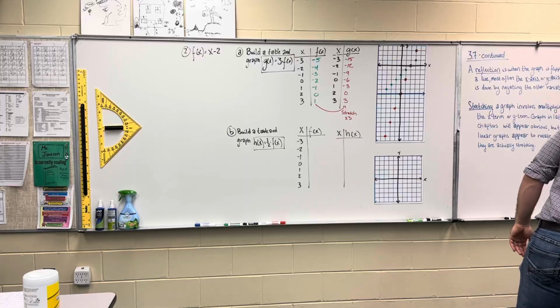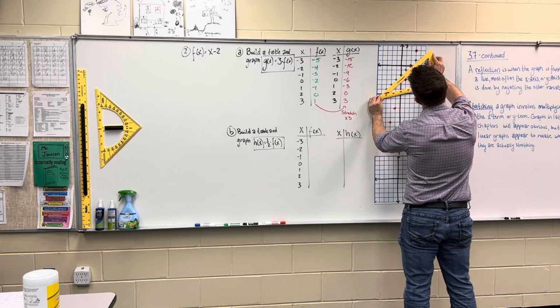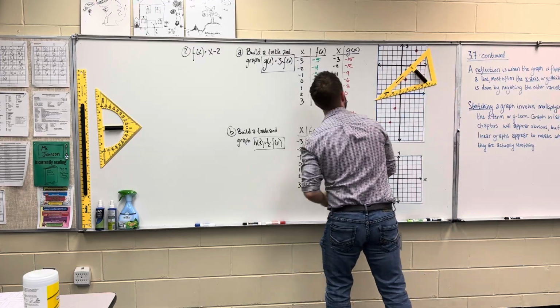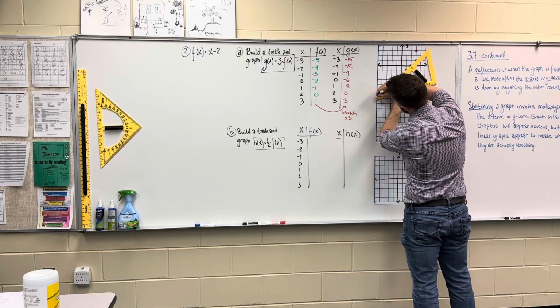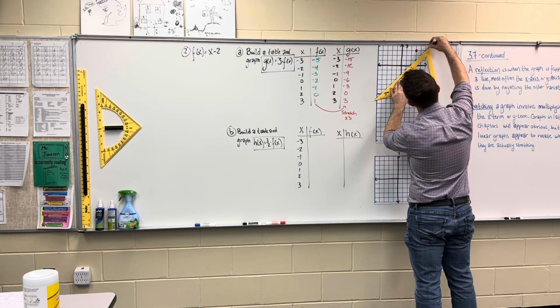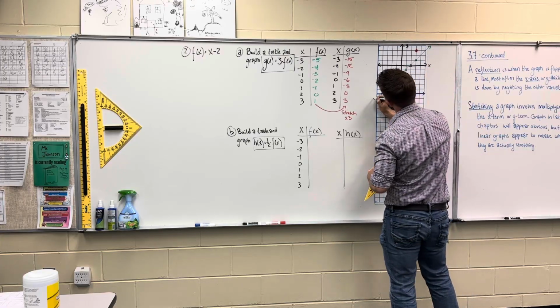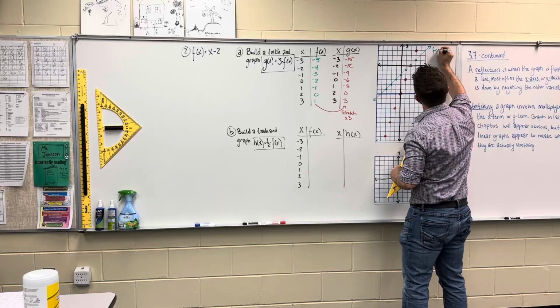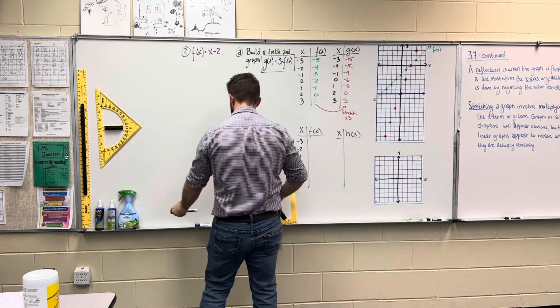Let's graph the green line. Popped off to the side there, but okay. That's my f of x. And now let's do the red line.